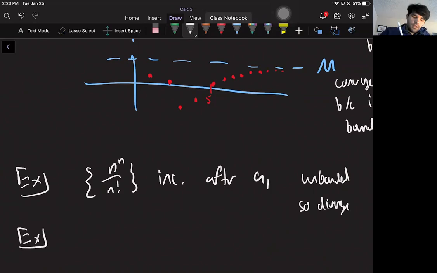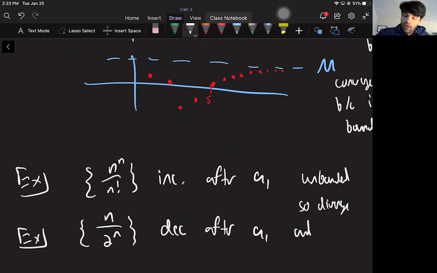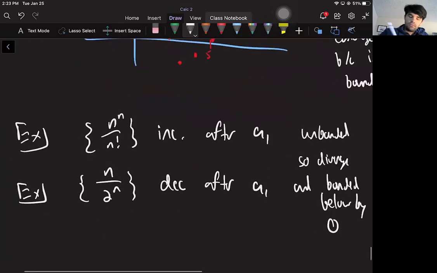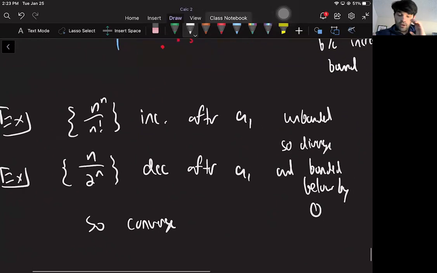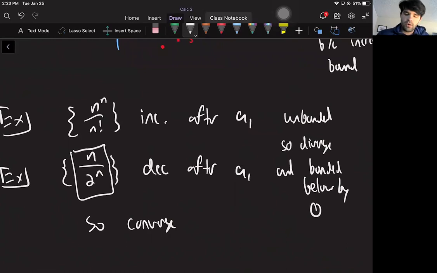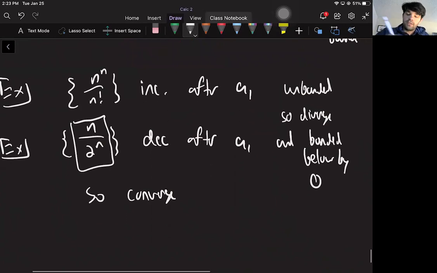But this other one, it was decreasing after A1. And you could see that it's bounded below by 0. So it'll have to converge. It can never go below 0 because none of these things will ever be negative no matter what you plug in as you go on and on. So because it's decreasing and because it can't go past 0, it's got to converge.